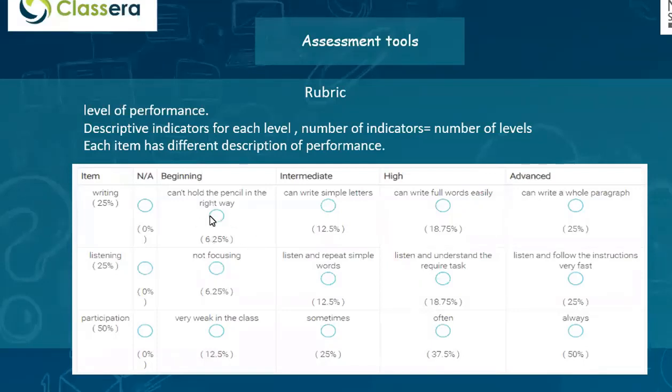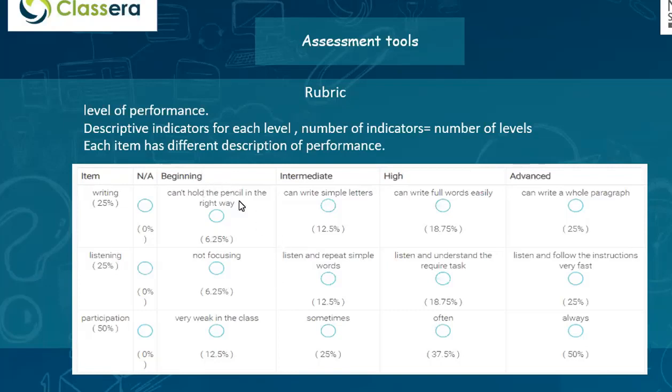The weight of each level equals the weight of the item divided by the number of levels, which is 4, multiplied by the level number. Okay, again, try to be good in math today. I know it's a little bit confusing, but inshallah you will do it. And the good thing is we are not doing this calculation. It comes from the system. All we need is to give a weight for each item, okay?